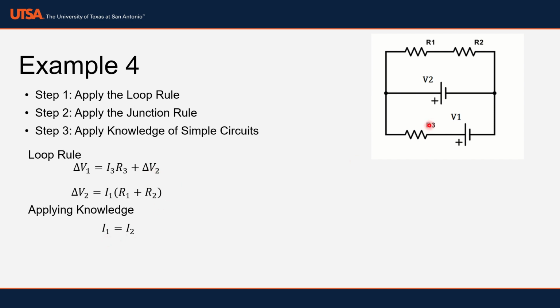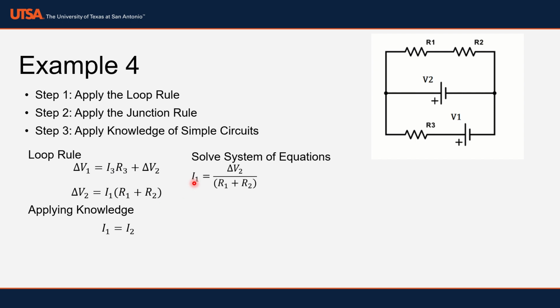1, 2, 3 resistors. We could solve it, right? And like I said, it's very convenient. In fact, we don't even have to do too much solving by a system of equations, because this one's fairly simple. So what we could do is solve this equation, delta V2, for I1. All right, so now we have I1.